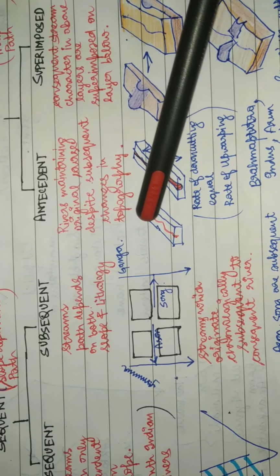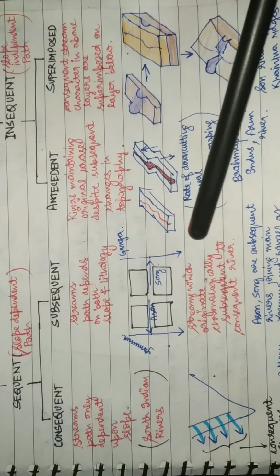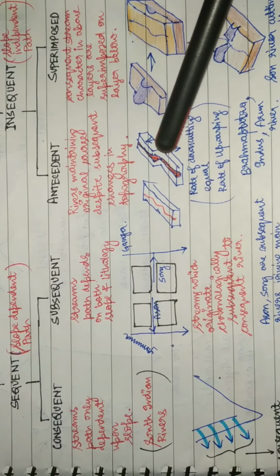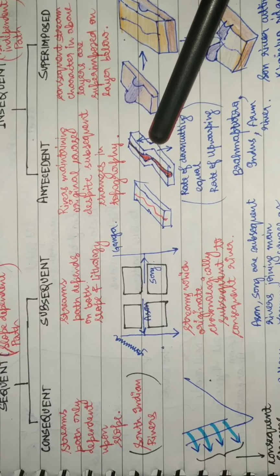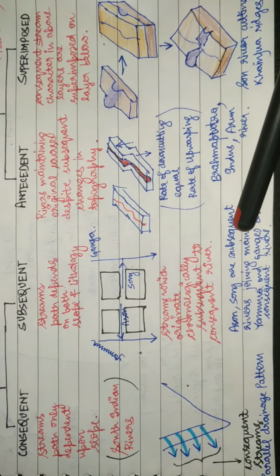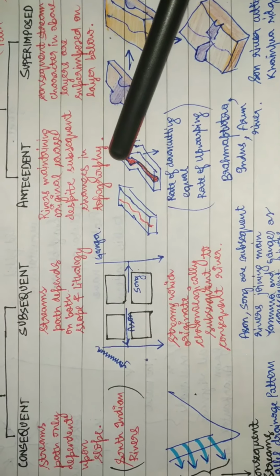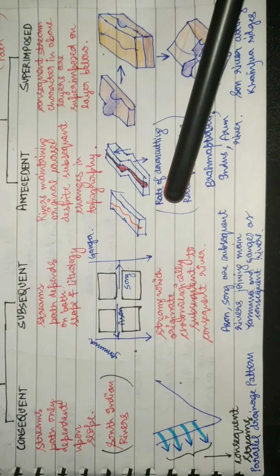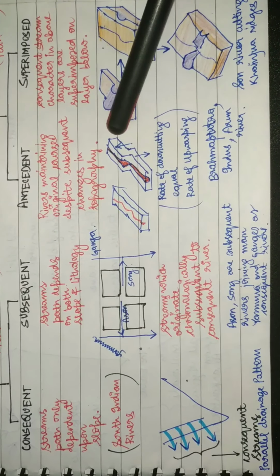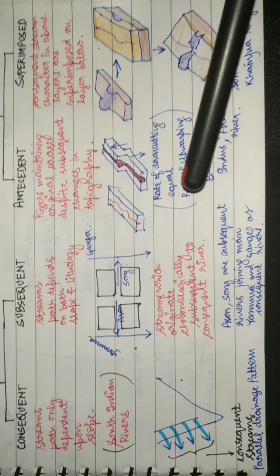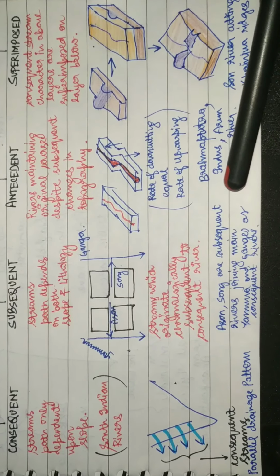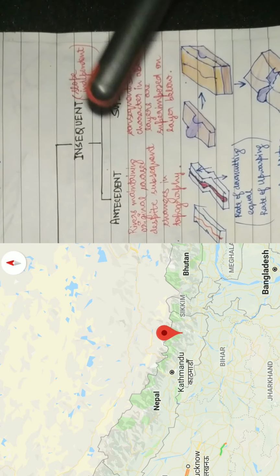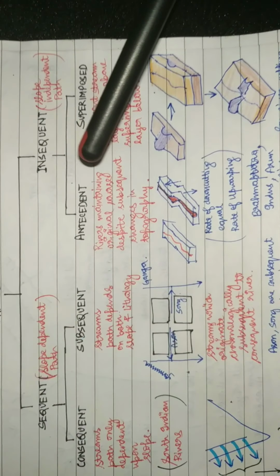Suppose the river was flowing through this land, and up warping and down warping happens, and the land goes up, but the river still maintains its path by down cutting. This is only possible if the rate of down cutting equals the rate of up warping. For example, the Brahmaputra river, the Indus river, and the Arun river are all antecedent rivers. The next is superimposed river.